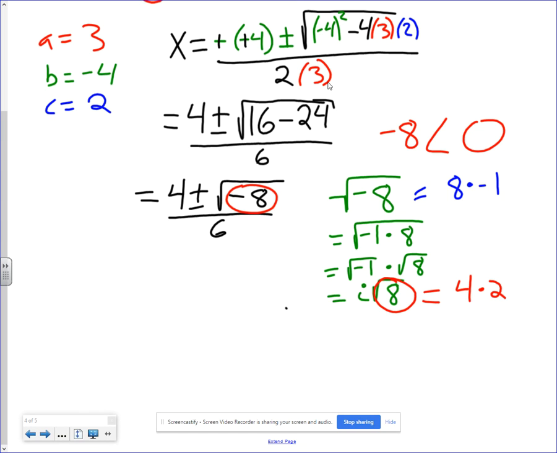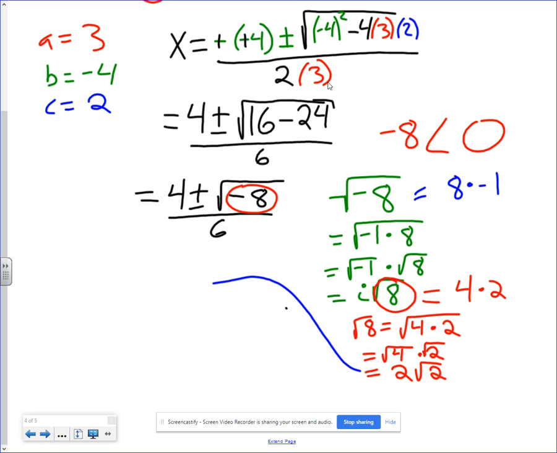So, we can rewrite the square root of 8 as the square root of 4 times 2, which is the same as the square root of 4 times the square root of 2, and that's the same as 2 radical 2. So, coming over here, we can say that the square root of negative 8 is equal to i times 2, so 2i times the square root of 2.